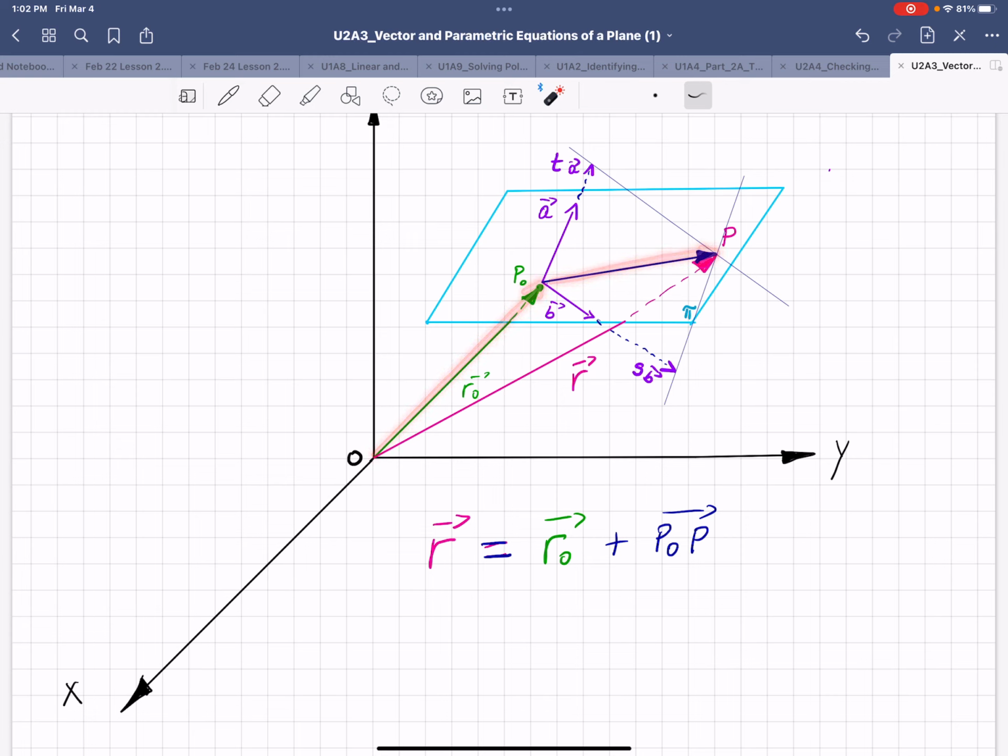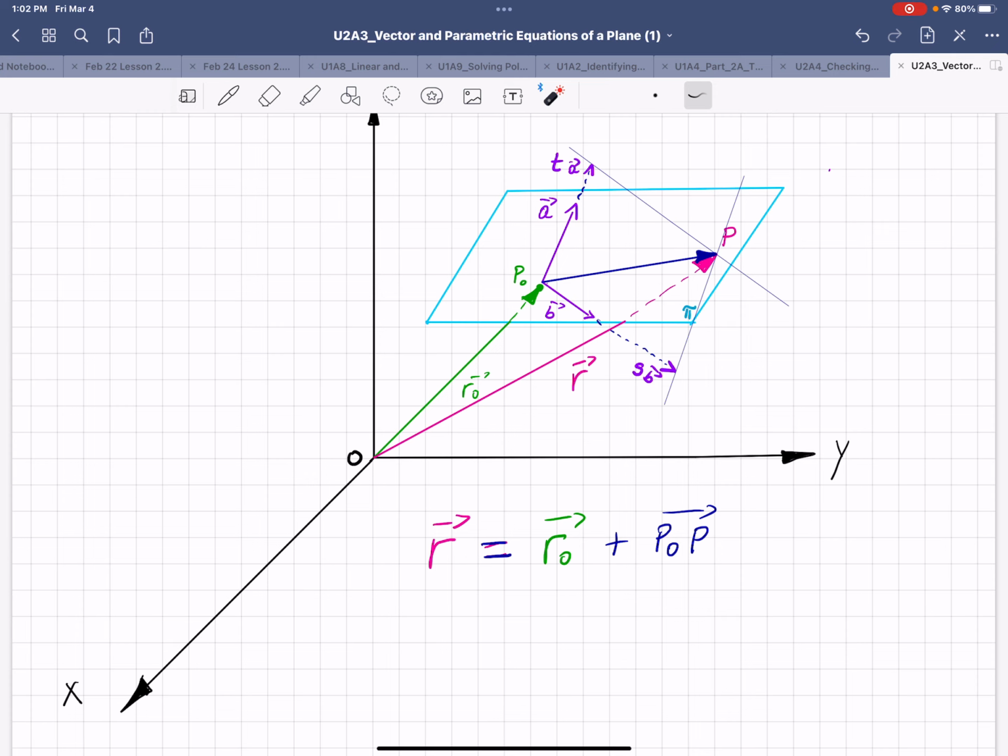And we're going to express P0P in terms of the direction vectors which are on the plane that we are analyzing here. We build a parallelogram to show how P0P is dependent on a and b. So we express P0P as the sum of a scalar of b and a scalar of a.